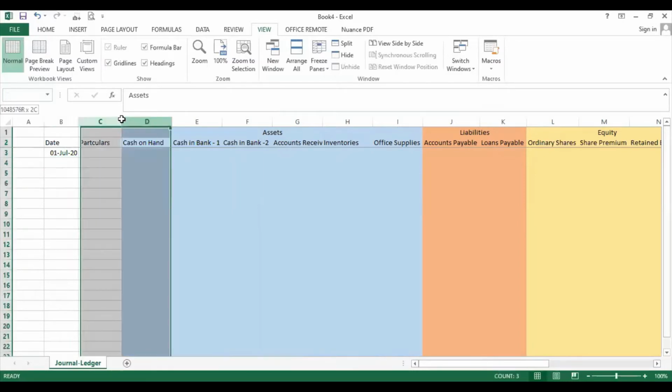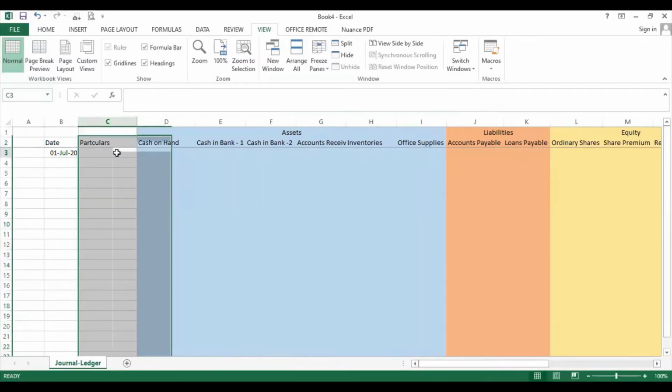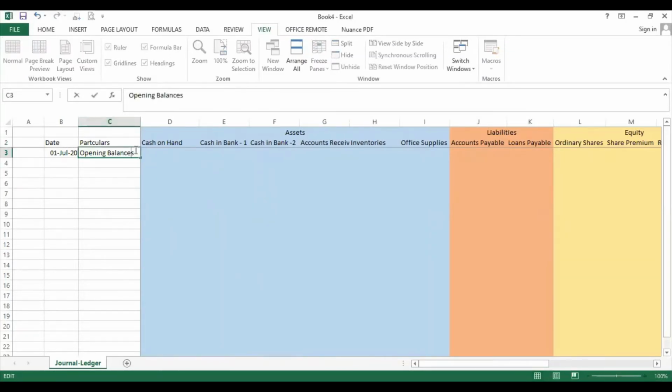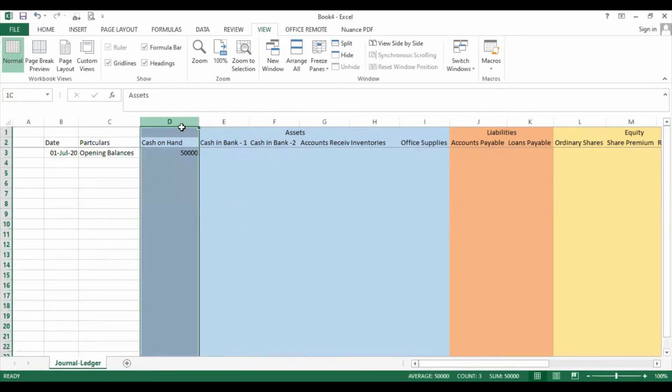So for example, in our particulars, we started our company on the 1st of July, so we have opening balances. Let's say you have 50,000. If you look at your 50,000 here, it's not yet formatted. So we format it one time for all of our accounts.